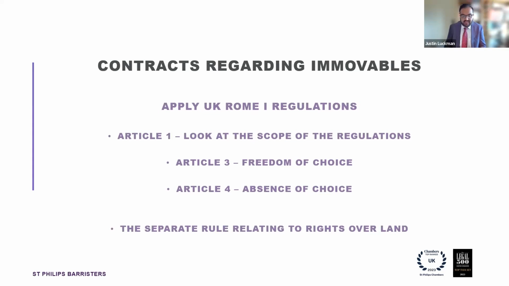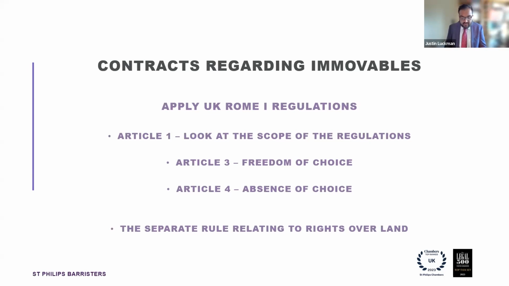So in other words, at the end of the transition period on 31st of December of 2020, the Rome 1 regulations, as they then stood, stopped applying to the UK, except as provided by the UK-EU withdrawal agreement. However, the Rome 1 regulations have been converted into UK law as retained EU law and was amended by UK legislation.